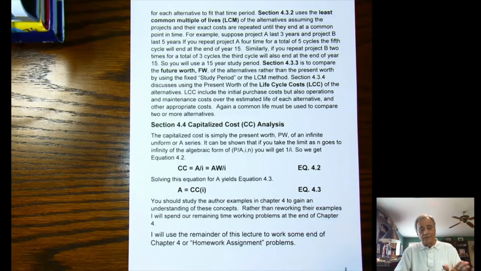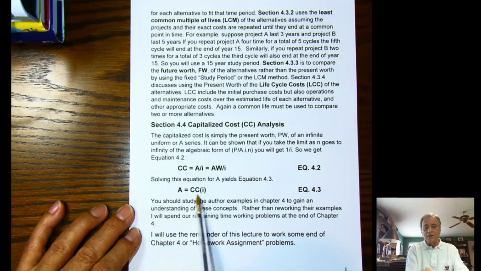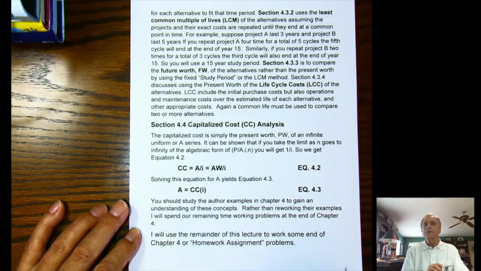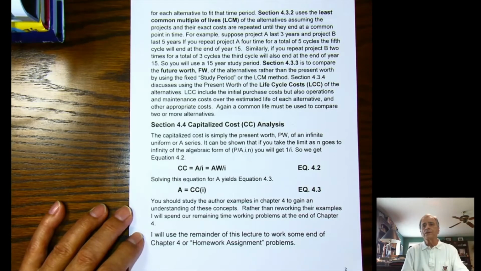Well, I'm sorry, A and AW is the same thing, P and PW is the same thing, and F and FW, future value, future worth, whatever. Now, if you solve equation 4.2 for A by simply multiplying through by I, you get the capitalized cost times I is equal to the annual equivalent, or the uniform series A.